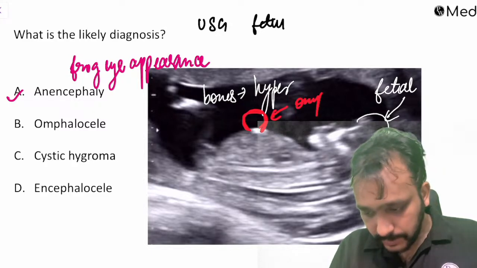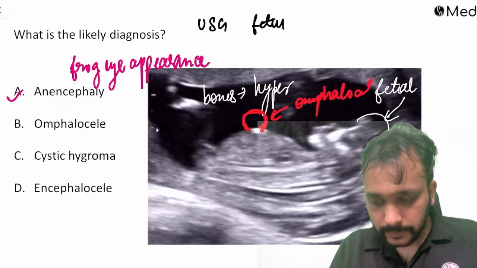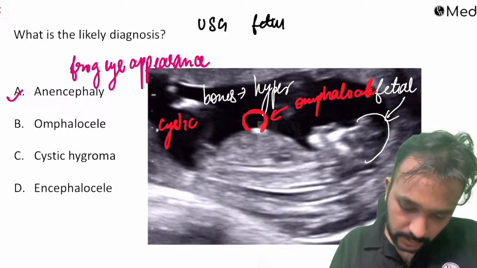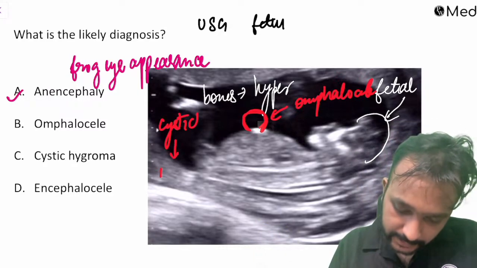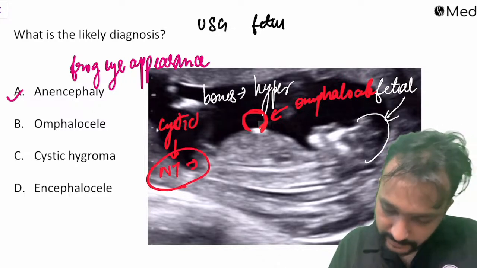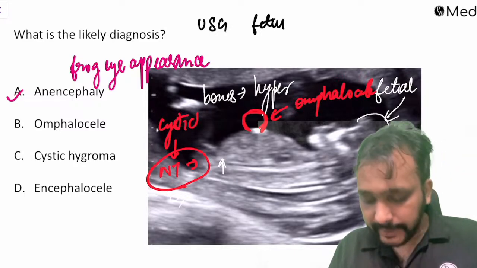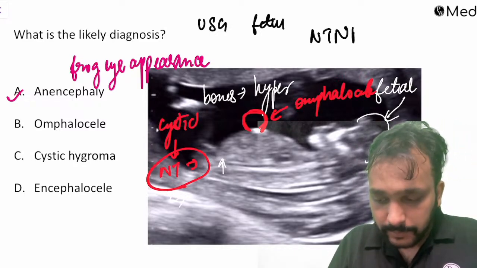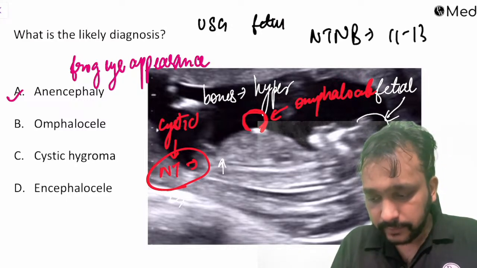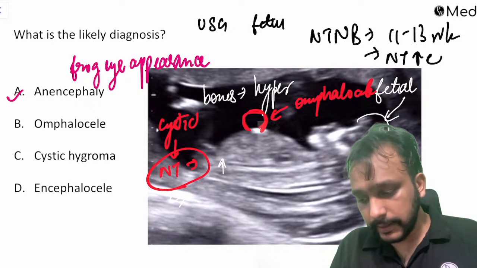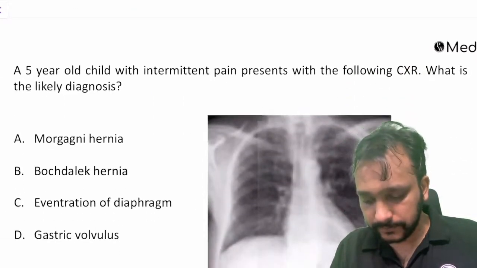If I talk about cystic hygroma, you will see that the nuchal translucency is increased. In the NT scan that is usually done between 11 to 13 weeks, you will see that NT will be increased in these patients.